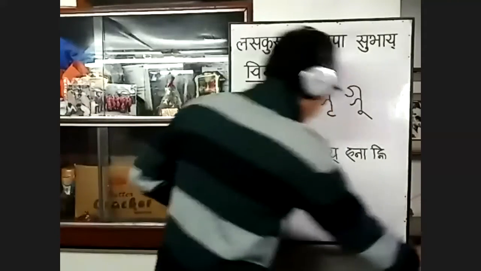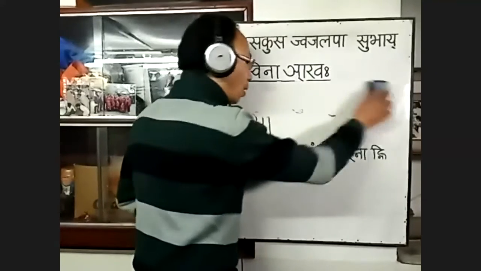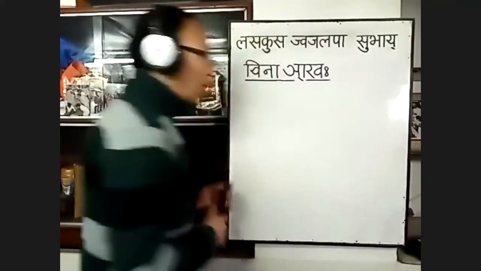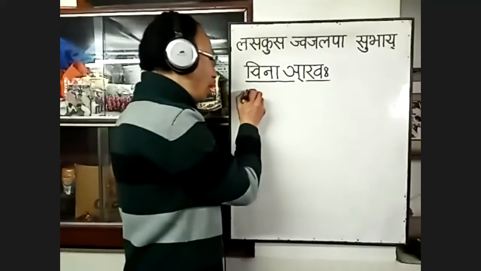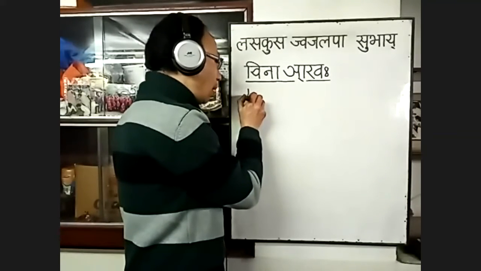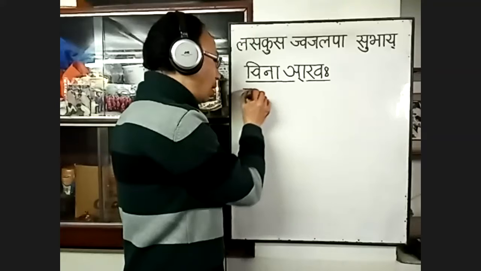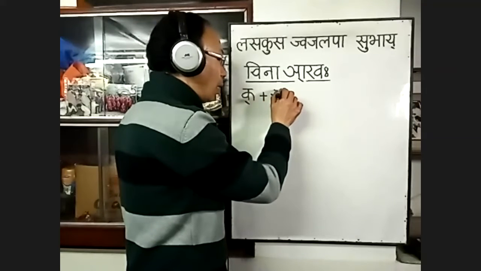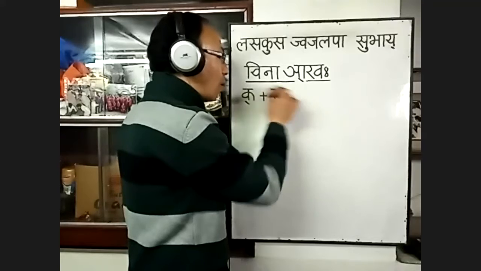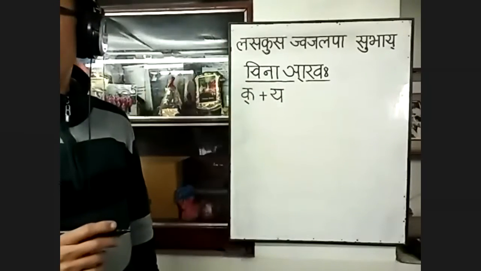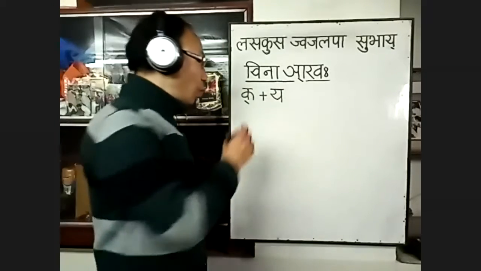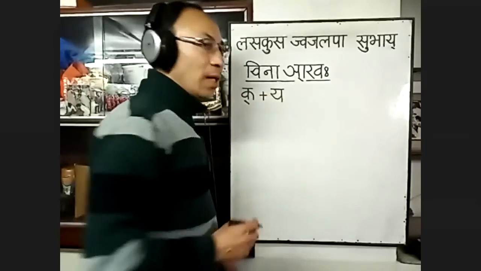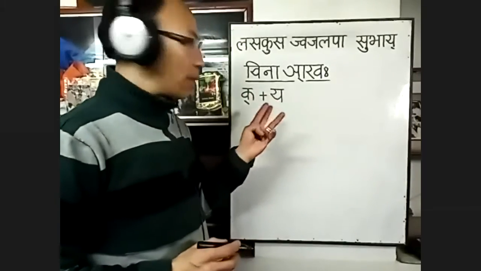Now we are going to add yo to ko. Here ko has the la, and yo is the 2 lines touching at the mo, this letter.